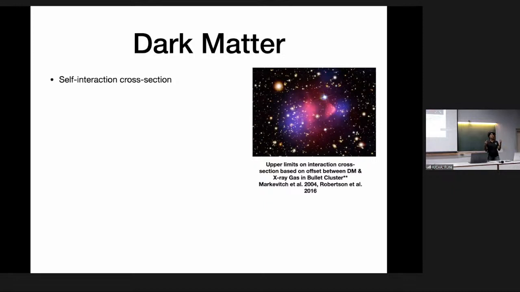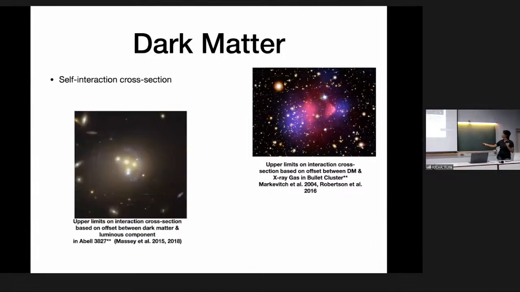So suppose the dark matter particles are going to interact with each other, and when these kinds of mergers happen, if we see some offset between the dark matter component and the luminous component, then we can put constraints on the interaction cross section for these SIDM kinds of models. So this is one such system, and there have been a few other systems of this kind that people have observed.